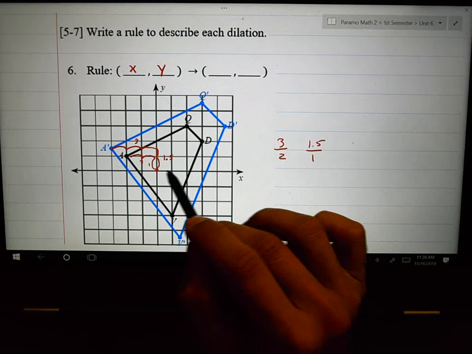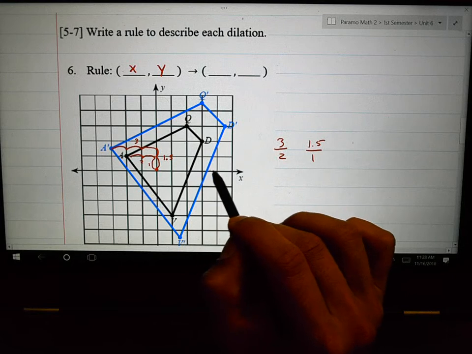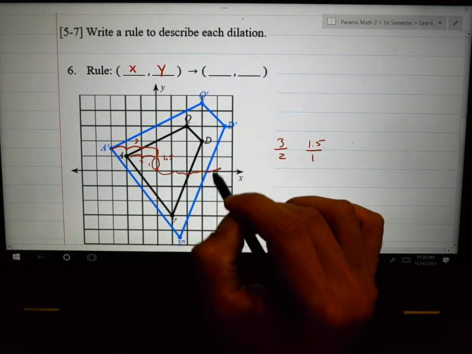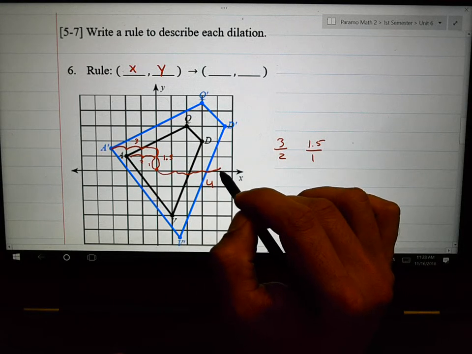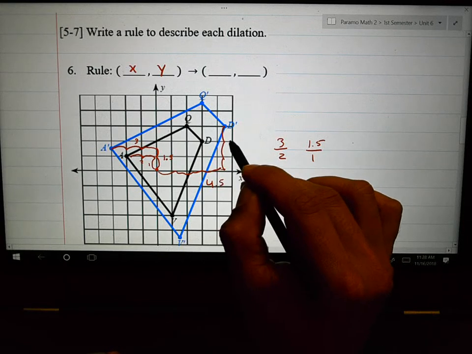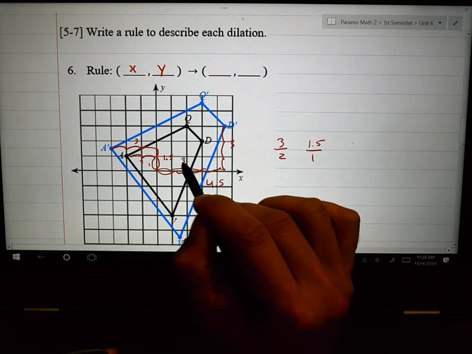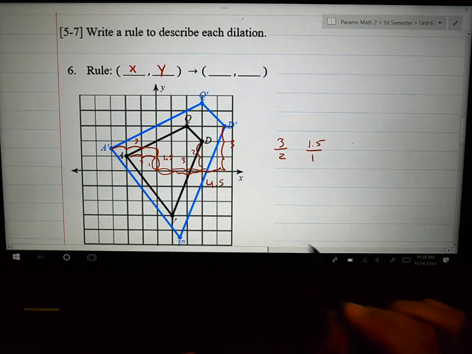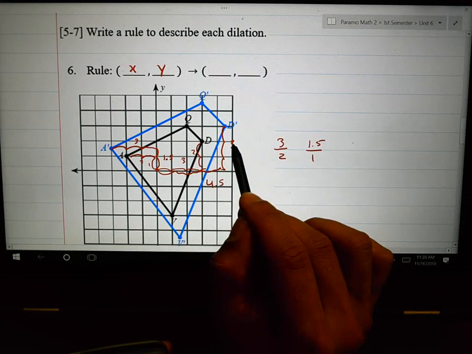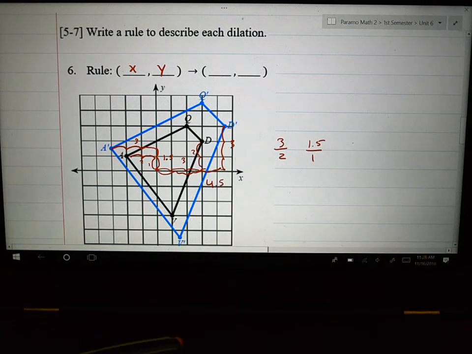That's the same thing that happens with D. I can count over. 1, 2, 3, 4. I went over 4 units. Oh, 4.5 units. And up 3 units. I go over 3 units and up 2 units. And if you compare the image over the original, it's 3 over 2. So what does that tell you?